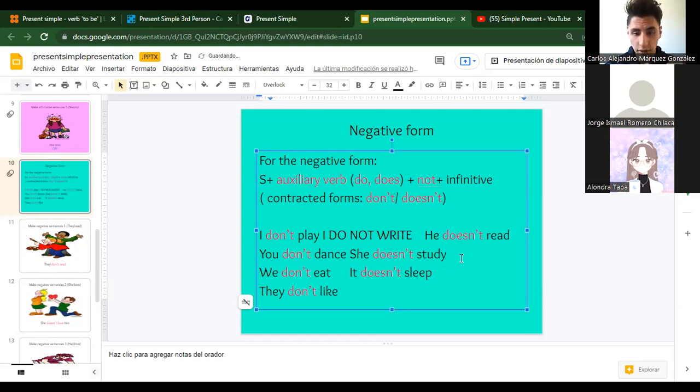For example, we can also say, she does not study. She does not study. Or she doesn't study, okay? Remember that this form is informal. When we use contractions, it is informal, okay?